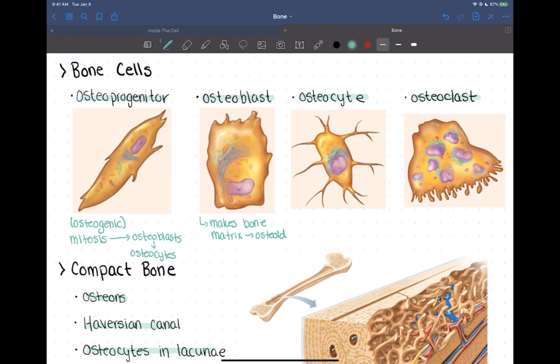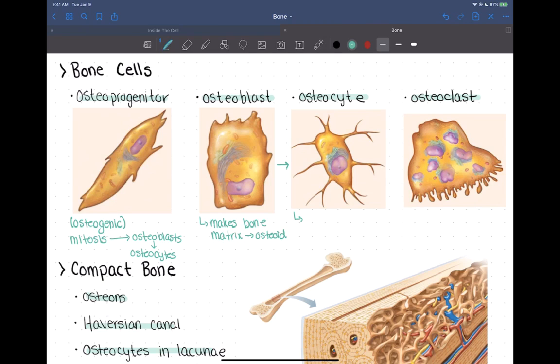All right, so these are going to be kind of the bone building cells of our bones, all right? And once they lay down that matrix, it's going to calcify and surround that osteoblast, and it'll mature and become an osteocyte, okay? So an osteocyte is a mature bone cell in a lacuna, all right?